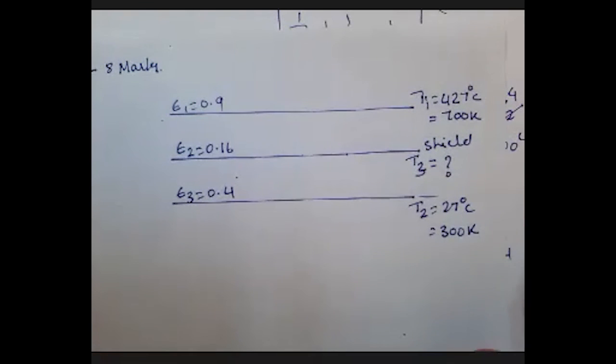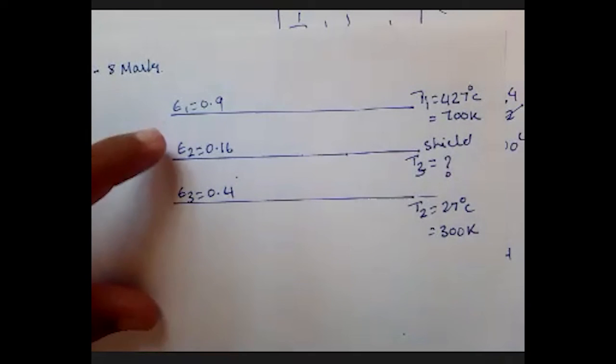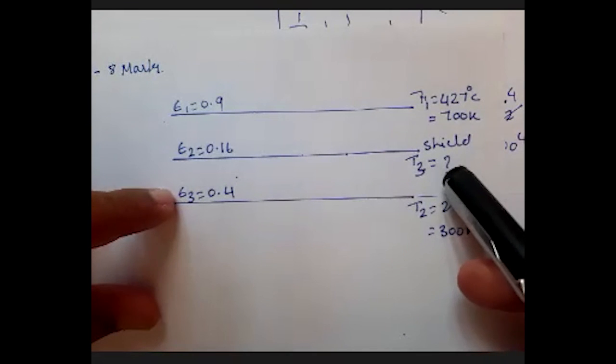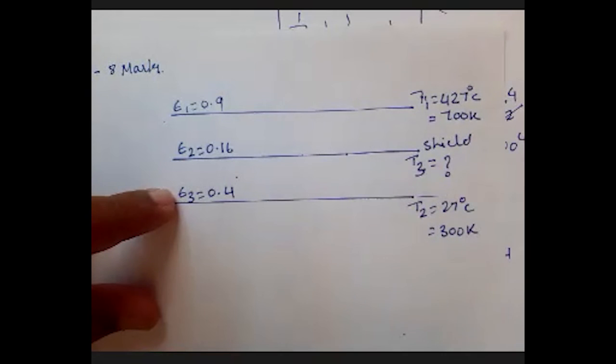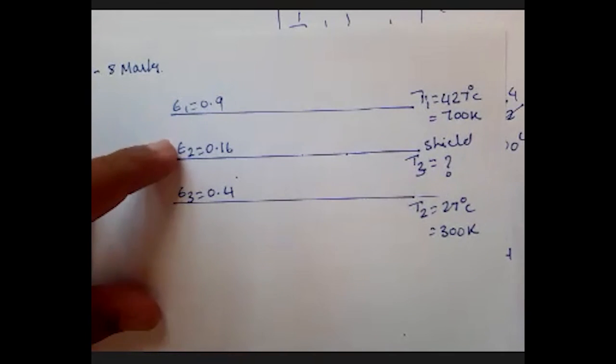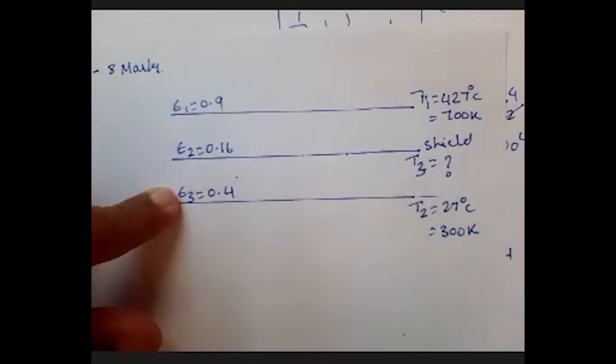The problem statement was the same, everything was the same. Only the difference was with respect to the emissivity, and they had asked us to find out the temperature T3. So the same problem, only the emissivities are different. I have already solved it.